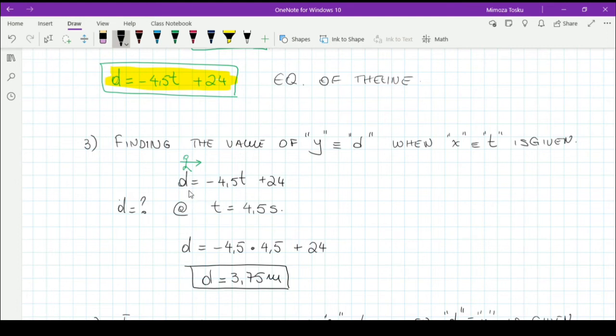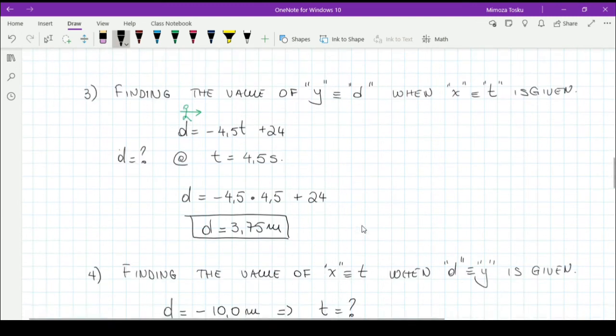So we see a d, an equal sign, a negative 4.5, and 4.5 is multiplied by t, which is given as 4.5 seconds. So we replace it with 4.5, and after that we see plus 24.